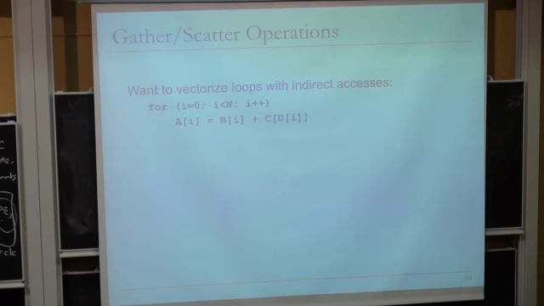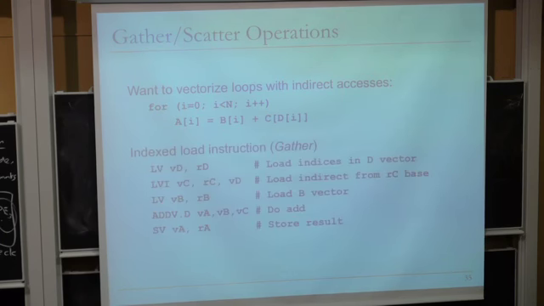Actually, let me go through this. Basically, there's a gather instruction. What it does is you can load indirect from this C base. You really want to add the index that's coming out of the D array into the base address of C, and there's a load indirect instruction that accomplishes this.